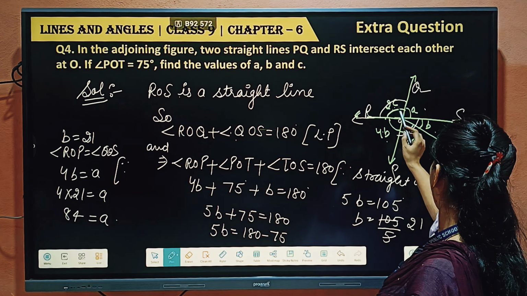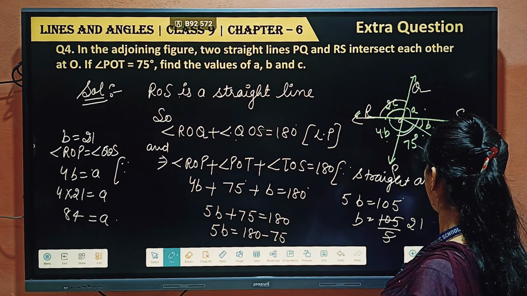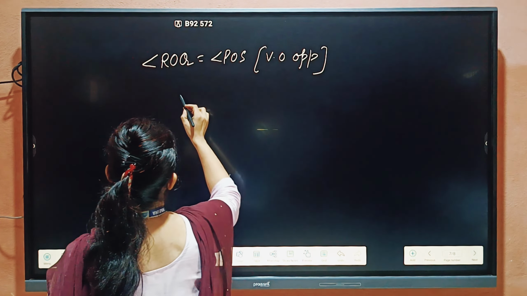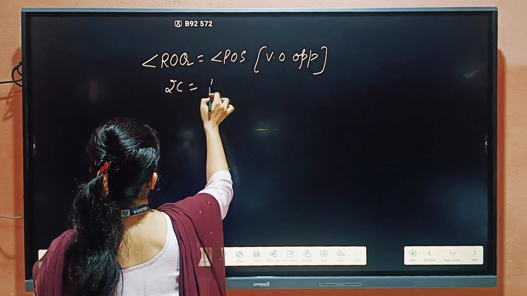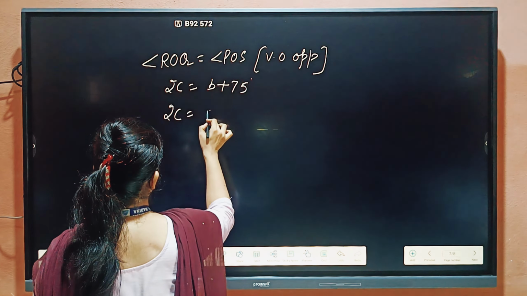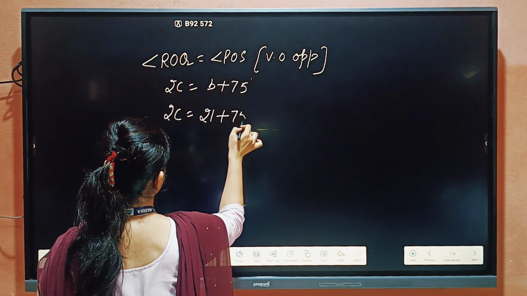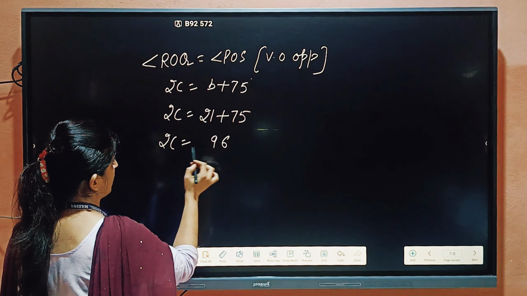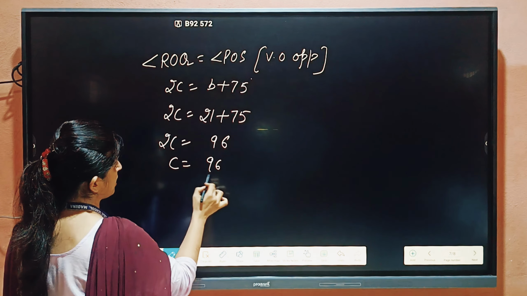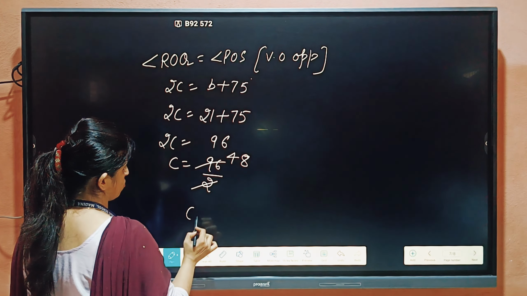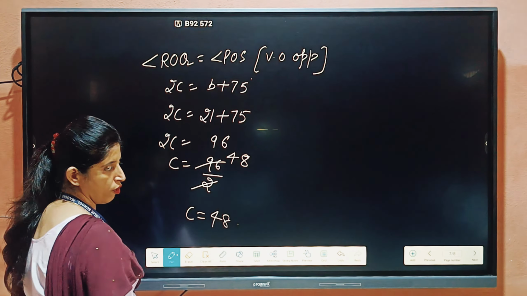So this angle and this angle are equal. This is B plus 75, that is equal to 2C. B value came 21, so 96. C value is equal to 96 by 2. 2 fours are 8, 2 eights are 16. So C value is equal to 48.